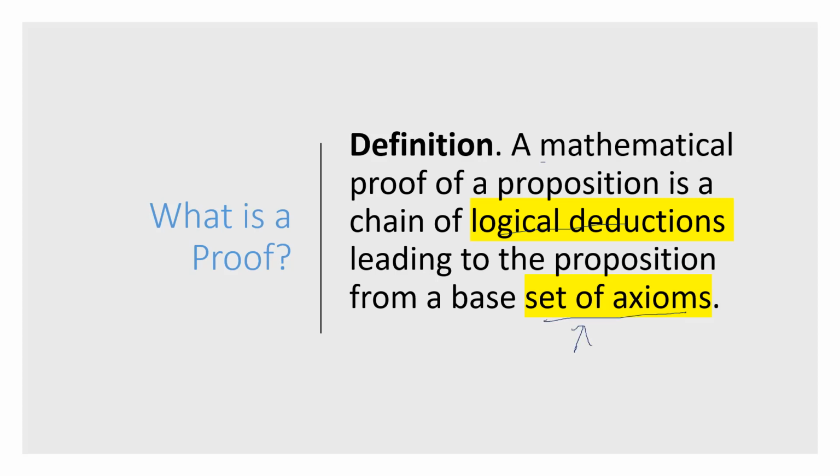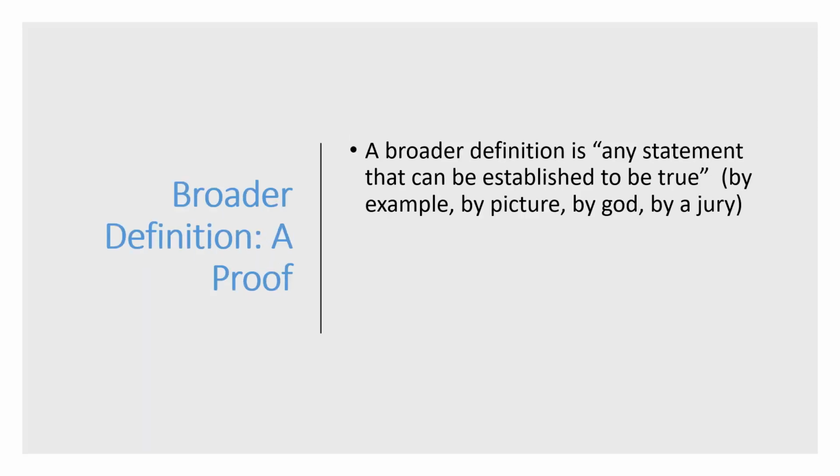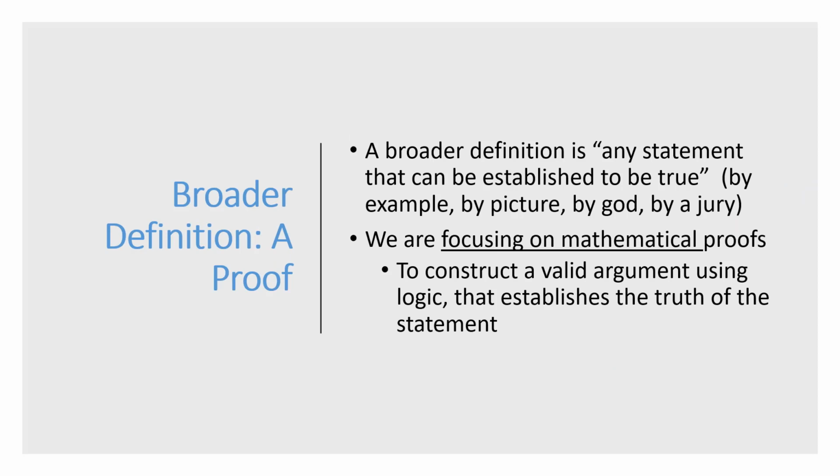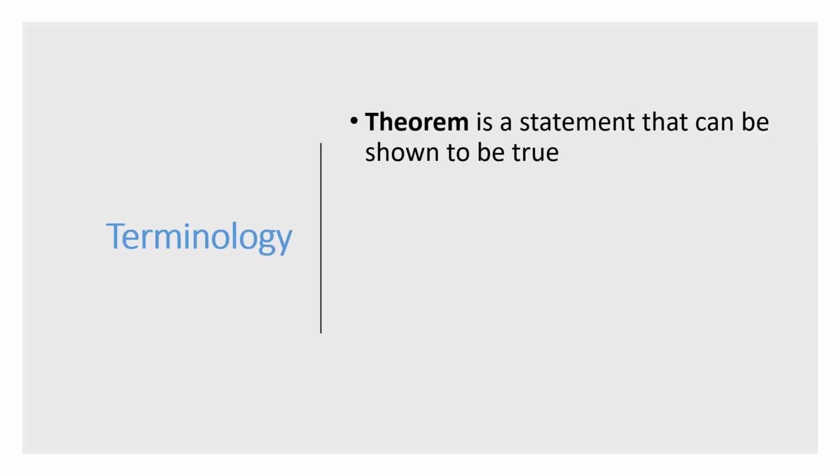So from a programming perspective, you can assume that these are the preconditions and the deductions are your program. So this is your computer program, and these are the set of assumptions that we will use. We're going to be focusing more on mathematical proofs in this course, not the proofs of the other kind.